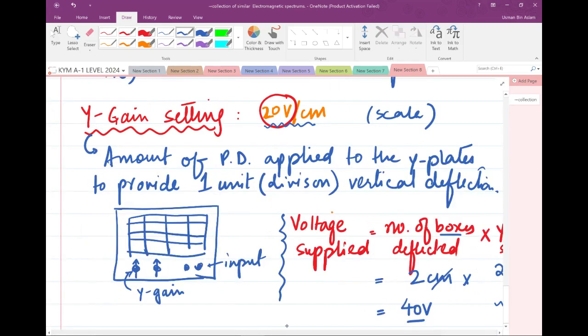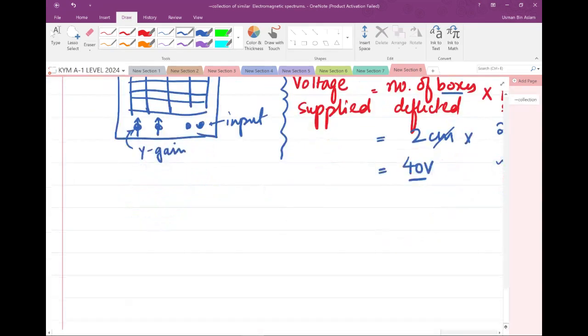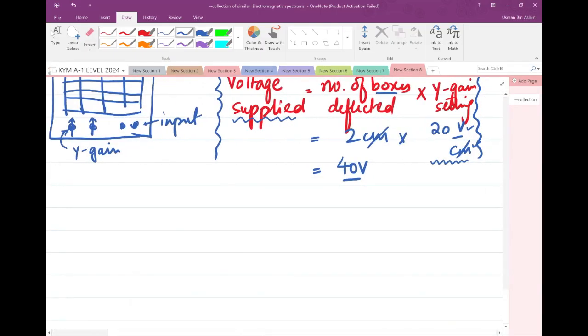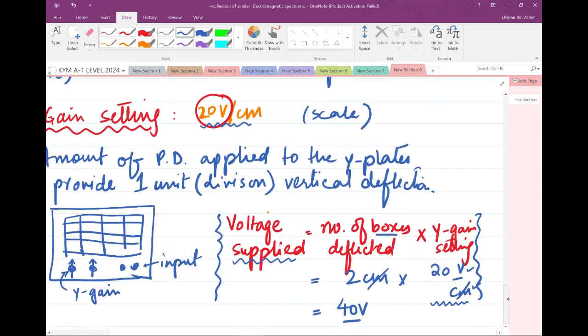If in some cases the voltage supplied is given and they ask you to find out the Y gain, what's going to happen? The voltage supplied will be divided by the number of boxes just to find out the Y gain setting. Once more, let's say I have given you 80 volts and there were two boxes deflection.